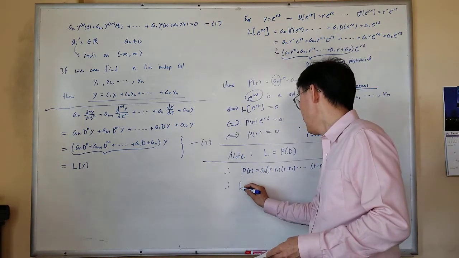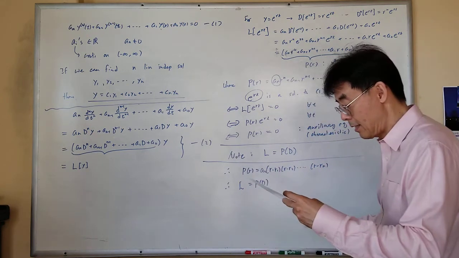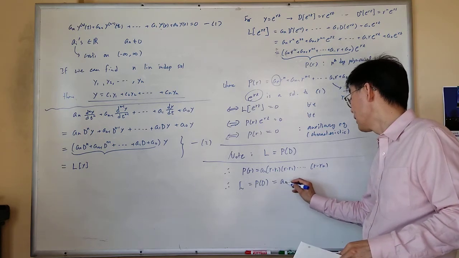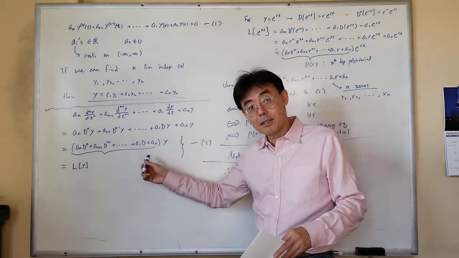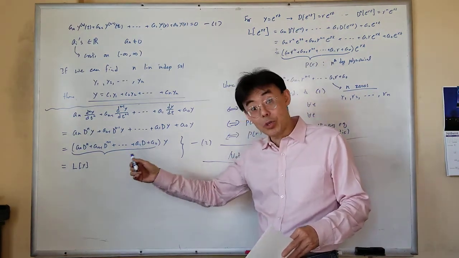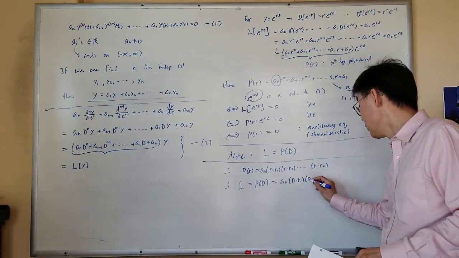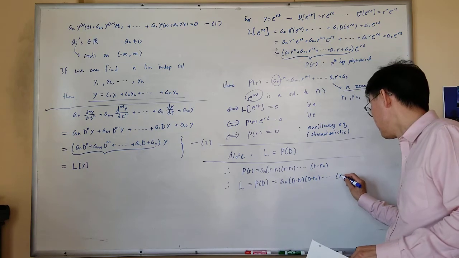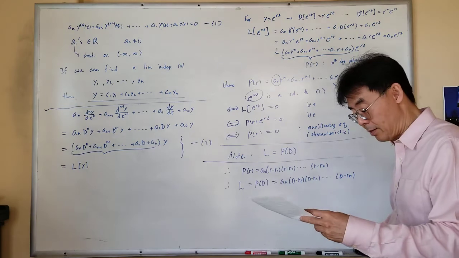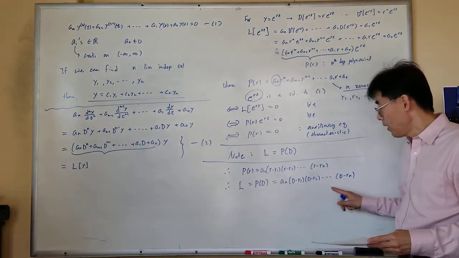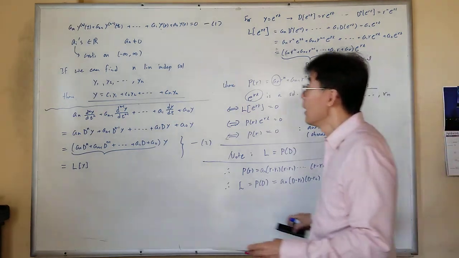Therefore, your L would be p of D. Just like a polynomial can be factored, a linear differential operator can also be factored the same way, and I'm going to show you what that means shortly. So what does it mean by the factored form of a linear differential operator like this? And this is the meaning.